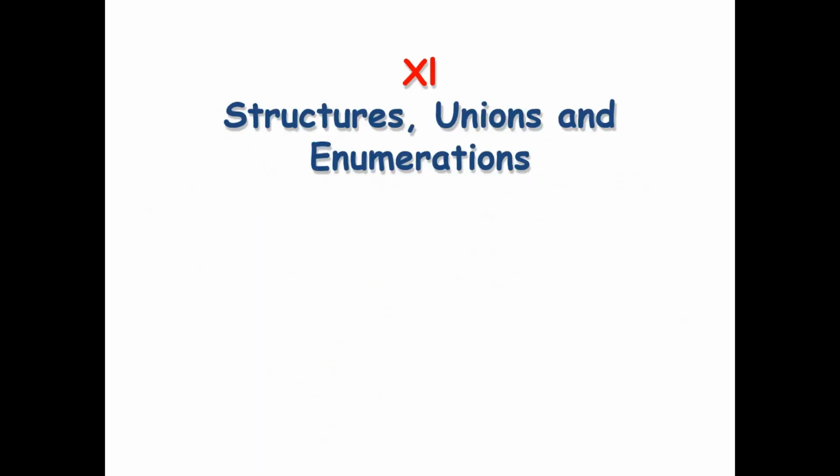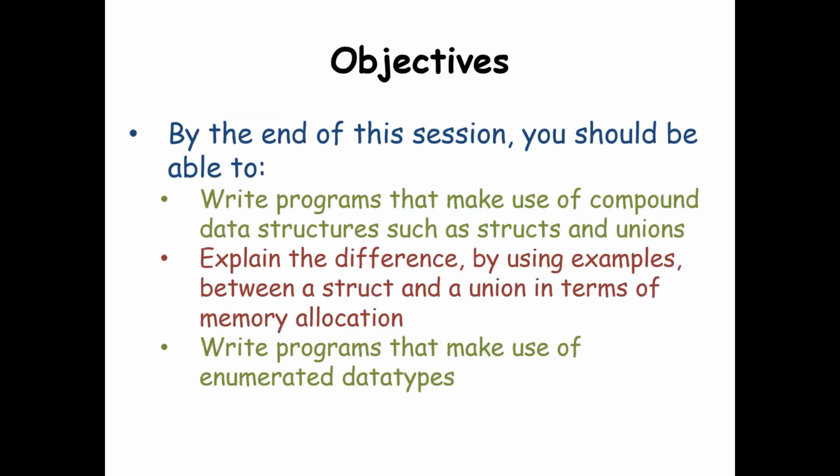So in this last video, we're going to talk about structures, unions, and enumerations in the C programming language. By the end of our session, you'll be able to write programs that leverage compound data structures like structs and unions, which are vital for organizing and managing complex data in C programs.